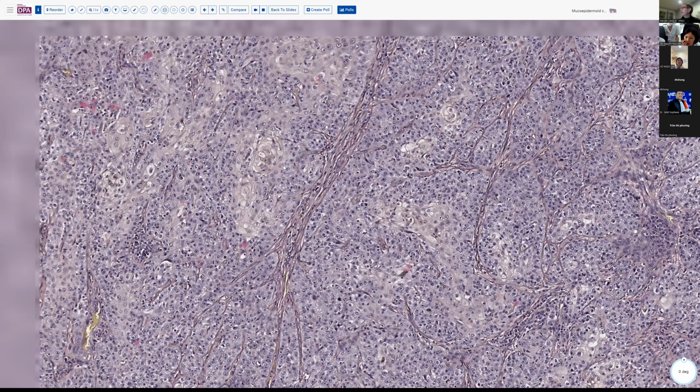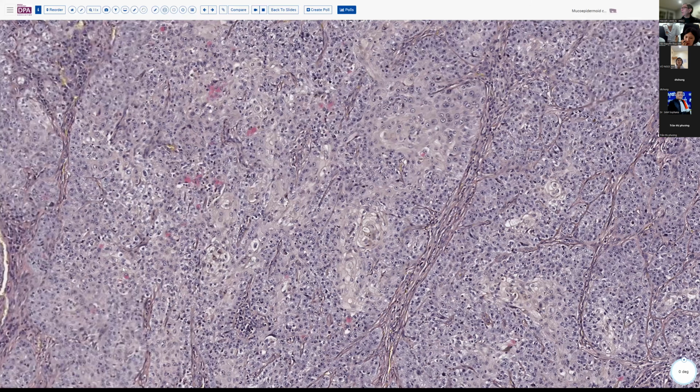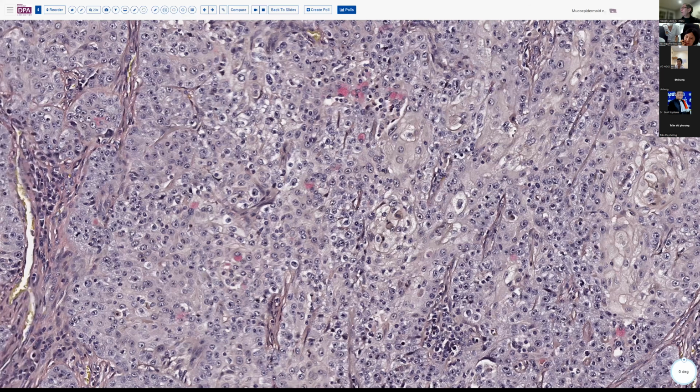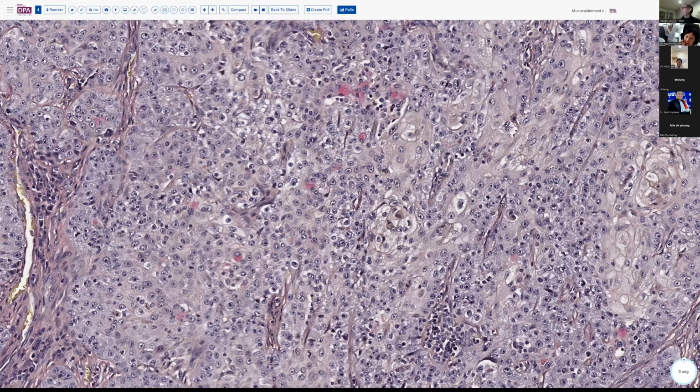The mucicarmine is not a horribly difficult stain to do. So if you haven't brought it into your laboratory, I would encourage you to consider that because it can be quite helpful in these cases of head and neck tumors when you're looking for these rare mucus positive cells.